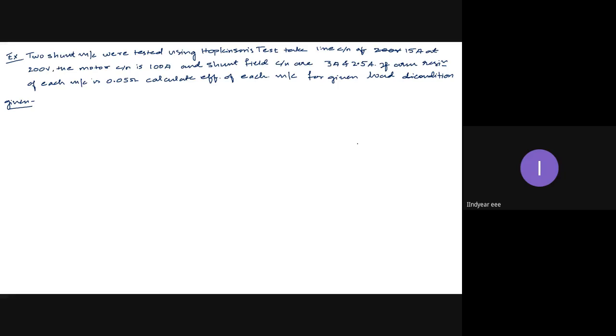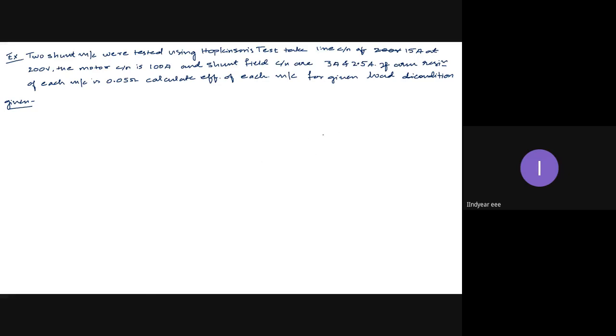Then that is the alternative connection. If nothing is mentioned about the type of field connection, then by default we should take the connection in which the fields are connected in shunt with the armatures, which gives the self excitation mode.